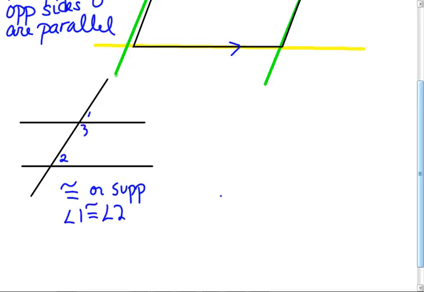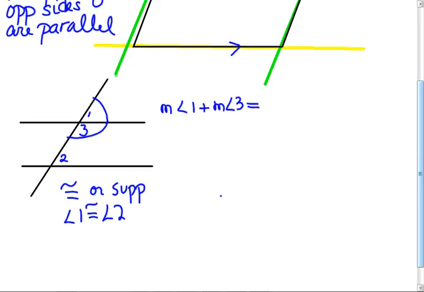So when I do this, 1 and 2 are congruent. What about 2 and 3? 2 and 3 are not corresponding. They're going to be supplementary, because the measure of angle 1 plus the measure of angle 3 is how much? What do these form?